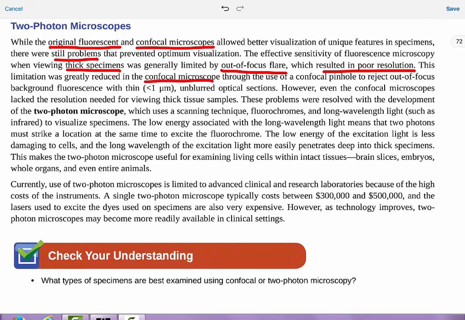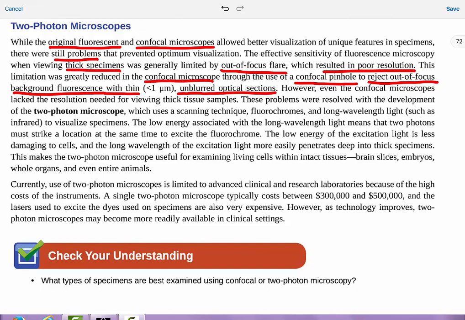So when we're talking about fluorescence, again, it's similar to the Brightfield where you focus down and focus up and you can't quite get focus on something thick. So then we had the confocal microscope, which gives us those layers that can then be put together, which is very helpful. This limitation was greatly reduced in the confocal microscope through the use of a confocal pinhole to reject out-of-focus background fluorescence with thin, unblurred optical sections.